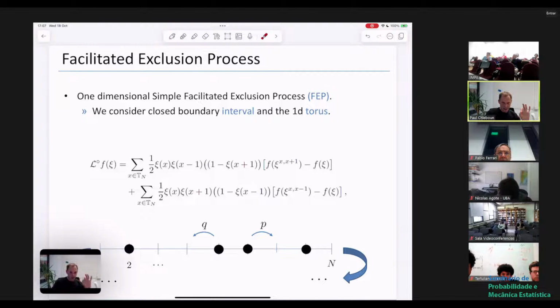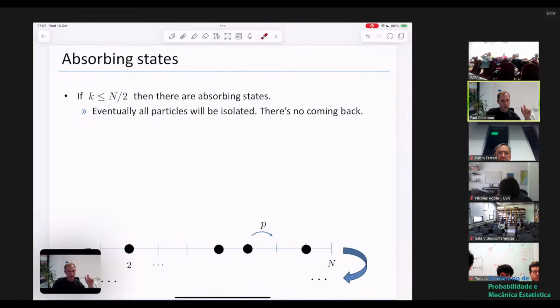Good, so that's the two situations we'll consider, and in particular, we'll look at both symmetric and asymmetric on the closed interval, and on the torus, we'll only consider the symmetric situation. The point is that in all the situations we consider the dynamics, there exists a unique reversible stationary measure.